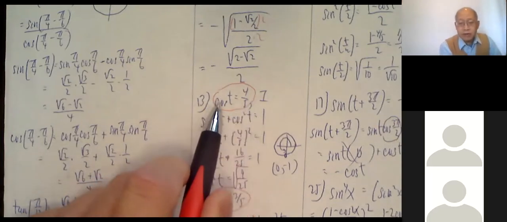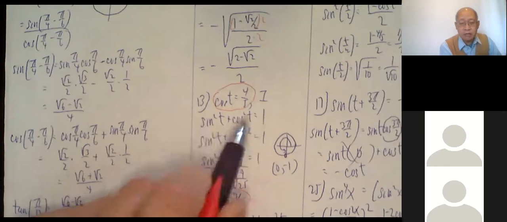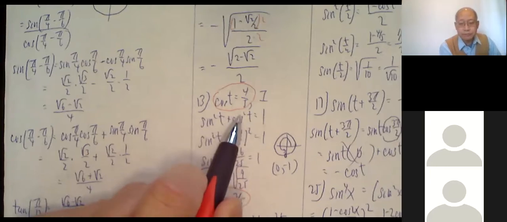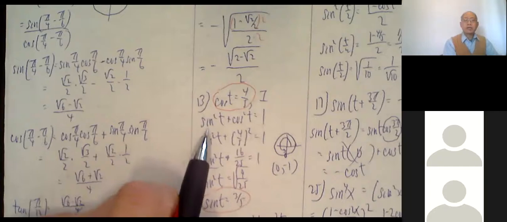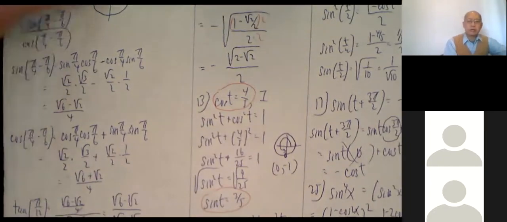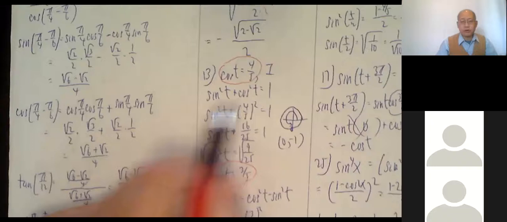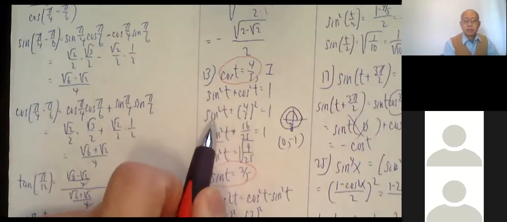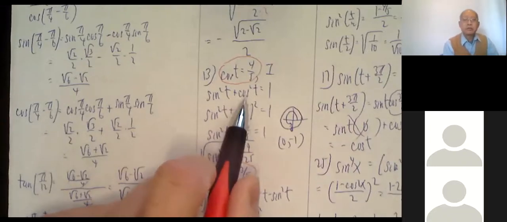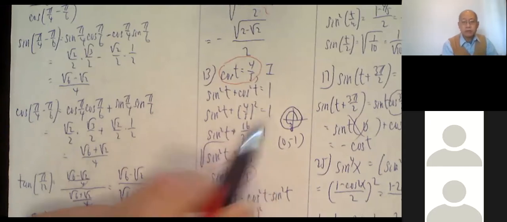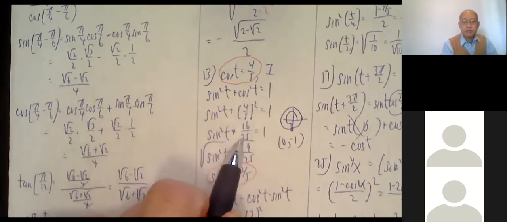Now, remember, whenever you have cosine, you can always find the sine by using this, and vice versa. Anytime you have the sine, you can figure out the cosine. So sine squared t plus cosine squared t is equal to 1. Sometimes you see this formula with the cosine squared first. That's okay. So sine squared t plus 4/5 squared equals 1. Square this, I have 16 over 25.